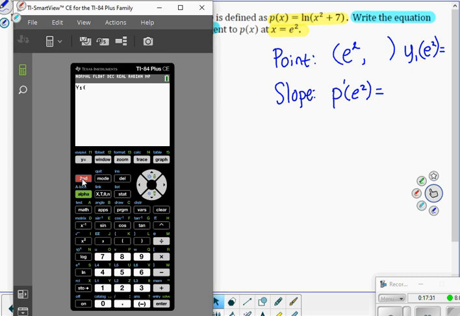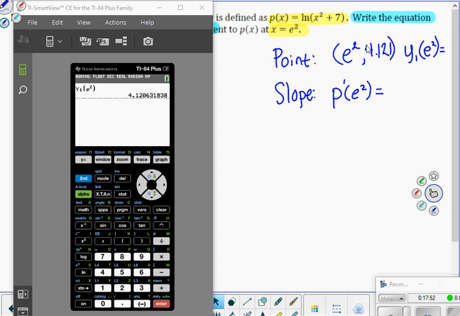Second, e to the x, square that baby. You can close the parenthesis, it's not necessary, but you can. And that's going to turn out to be, how many decimal places of accuracy? You need 3. I'm going to go ahead and round, so I'm going to call it 4.121.